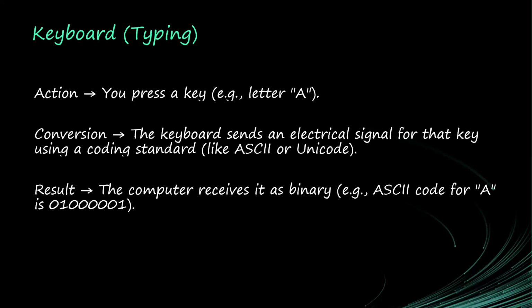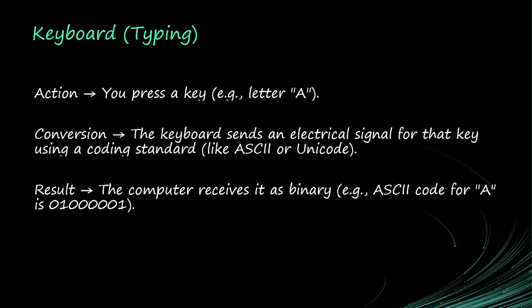Okay, and the result is that the computer receives it as a binary number. So when you type A, the computer will receive this binary number, 01000001. You see? Like I said, you don't need to grab everything I'm saying here, but at least you can understand how input devices work. So when you type A on your keyboard, the keyboard will convert it to zeros and ones.